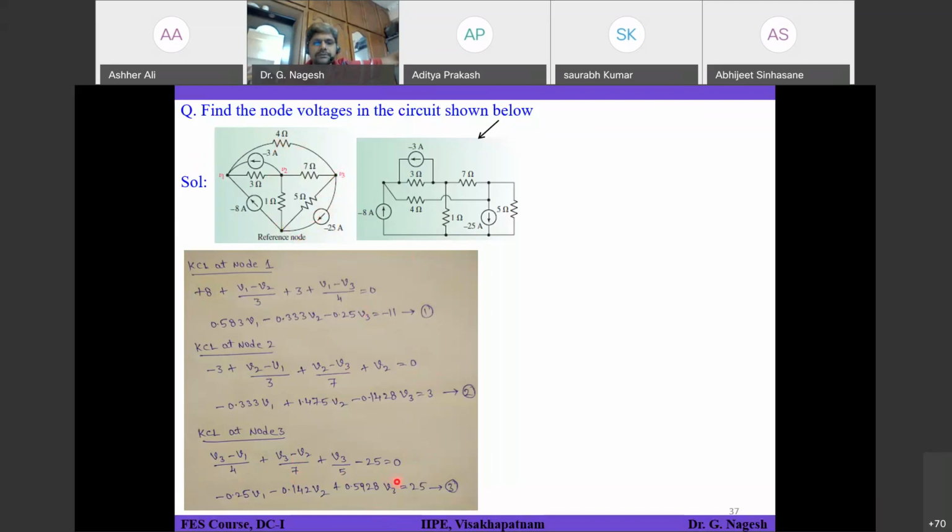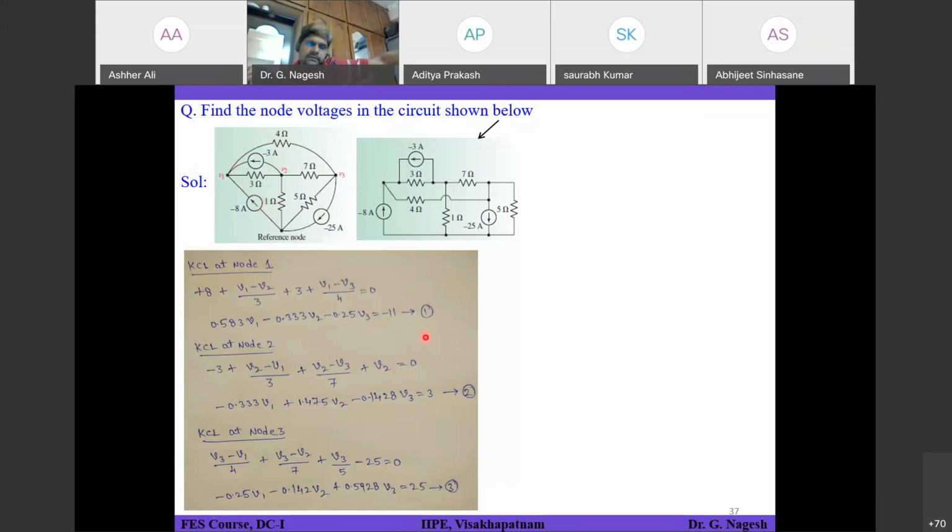Okay, so if you segregate it, you will get expression 3. So these are the 3 equations you will get for 3 unknown voltages which you need to find out. So there are 3 equations and 3 unknowns. You should be able to solve it. Anyway, we will see that.